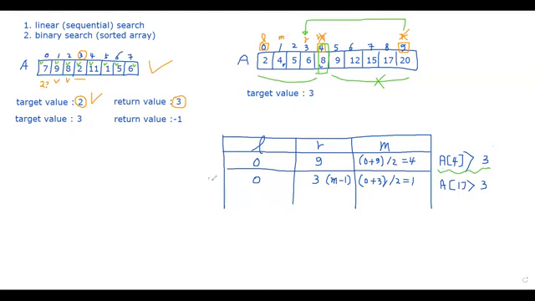In the second step, 0, 0, 3, 1. So this is mid, this is right. And we should move right one more time, because still we don't know whether the target value exists in the array or not.